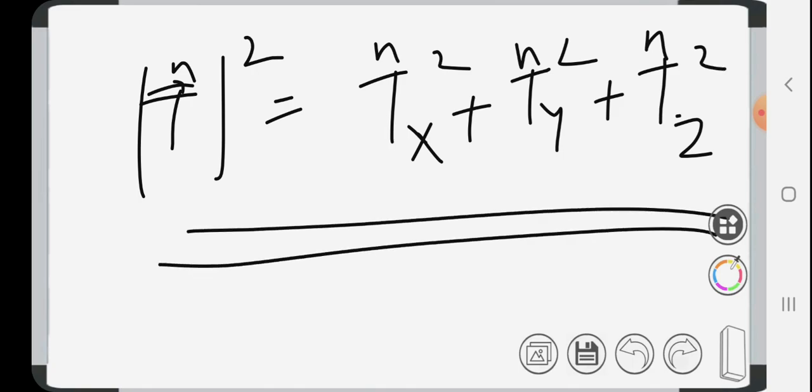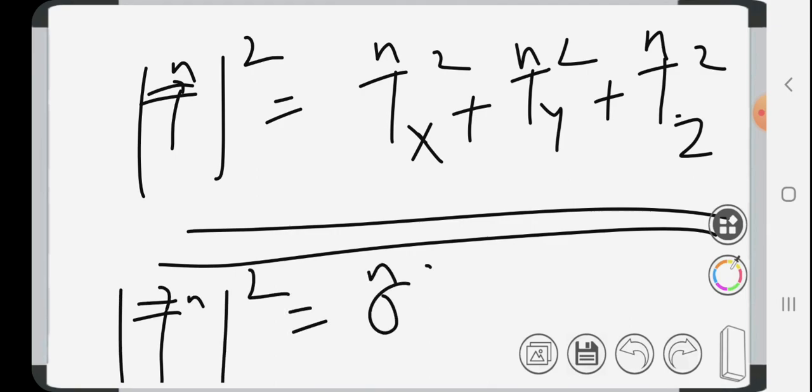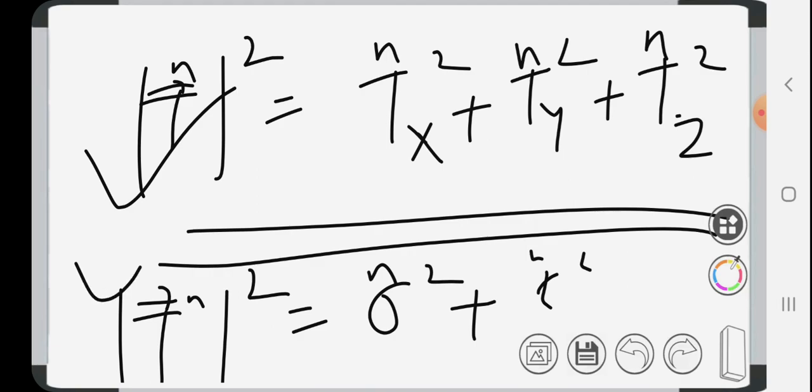So either way we can write; we can resolve in both ways. This is one way, this is another way. Here we are resolving it into normal stress and shear stress. Here we are resolving based on the directions of the Cartesian coordinate system.